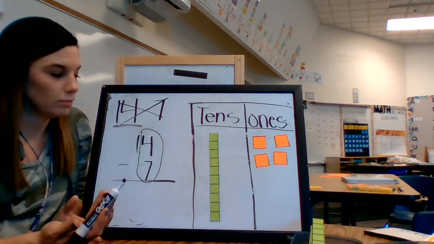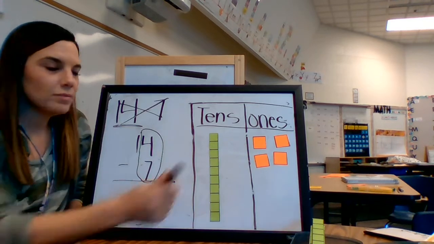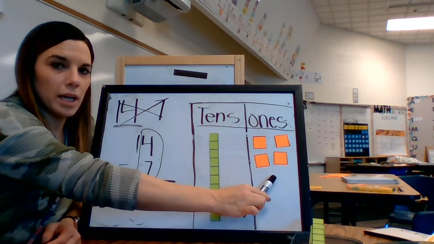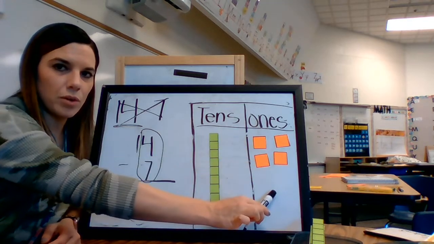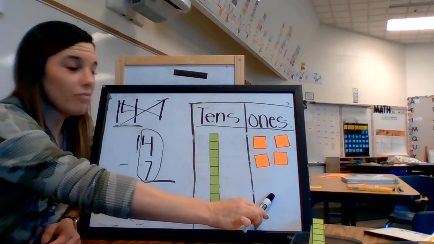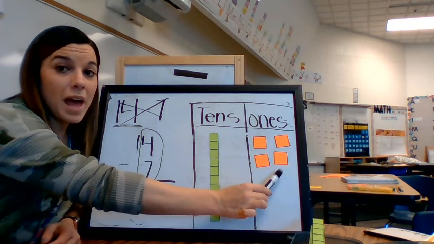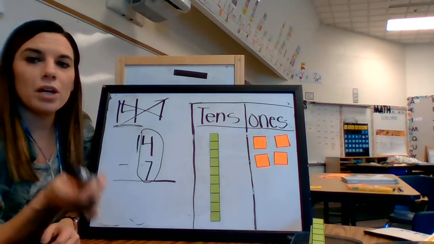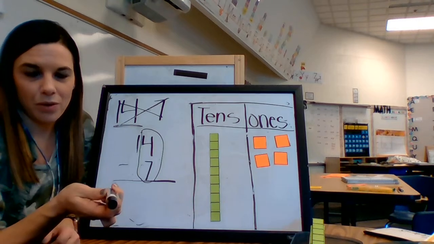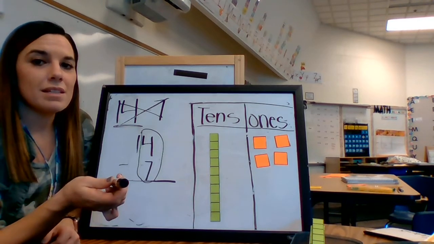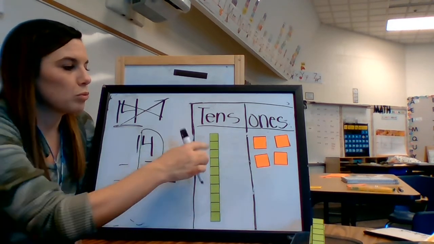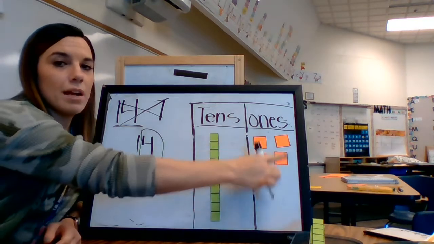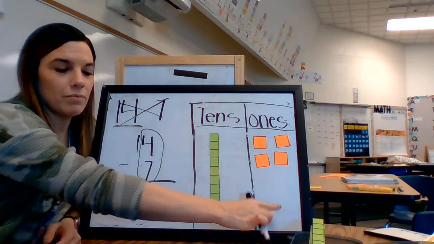If I have 4 ones, can I take 7 away? I can't, because I don't have 7 ones over here to take away from. This is where regrouping comes in, okay? This means now we have to regroup so that I'm able to take away 7.